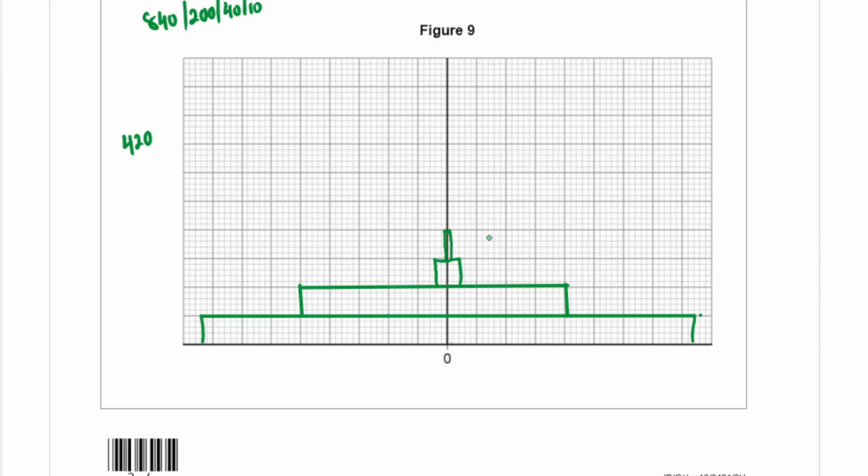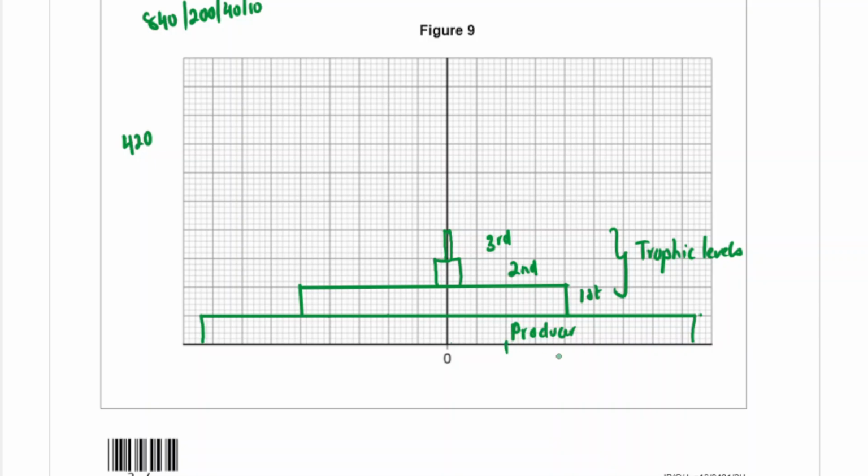So third, second, first, these are all trophic levels. That's the producer. They're also asking you to label the x-axis.